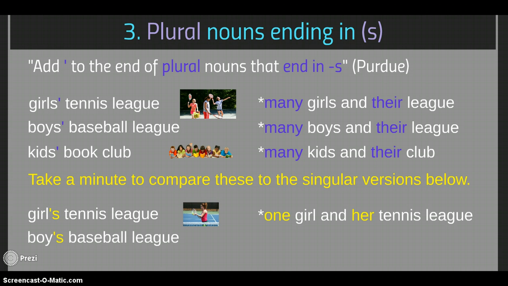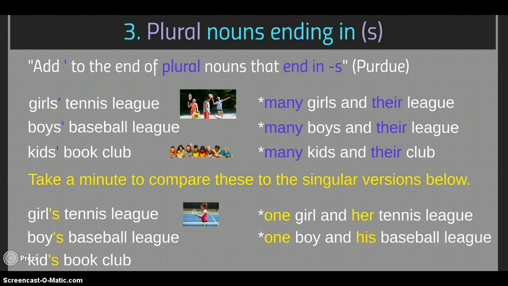In the boy's baseball league, we have just one boy and his baseball league, so it's B-O-Y apostrophe S. And this is different when we look at the plural form, the boys' baseball league, where there are many boys and it's their league, so it's B-O-Y-S apostrophe.